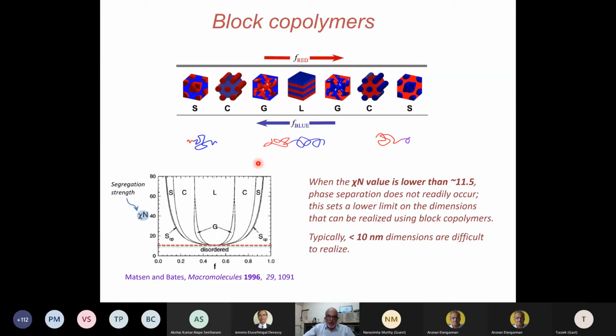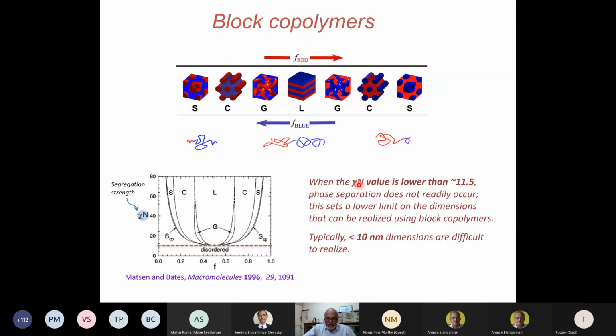In other words, the chemical composition of the blue and red. And you can't increase the chi very much. What is important to remember is that in this phase diagram, unless chi N attains a certain value like 11.5, below 11.5, it's actually not microphase separated. So it has to exceed 11.5 to see all these beautiful phases.